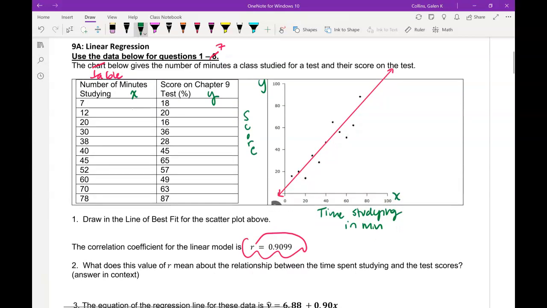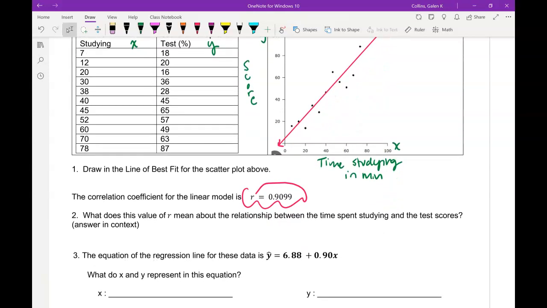So when we talk about this relationship, we know that r is positive. We know that anything between 0.7 and 1, we're going to say is strong. So we could say that there is a strong positive correlation, or you could also say association, between, and when we answer this, it's always between x and y.